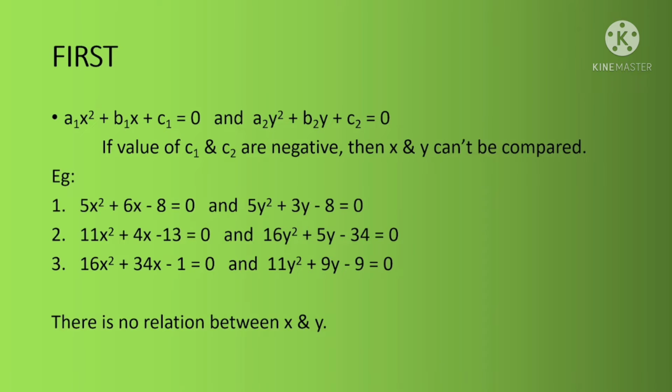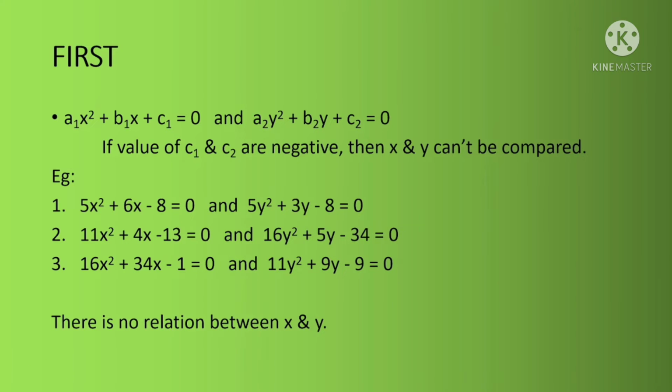We just take care of the values of constants c1 and c2. Both of these are negative, so we can directly go to the option that we cannot compare x and y. I have given further examples here: 11x square plus 4x minus 13 is equal to 0, 16y square plus 5y minus 34 is equal to 0, and a third example has also been given.